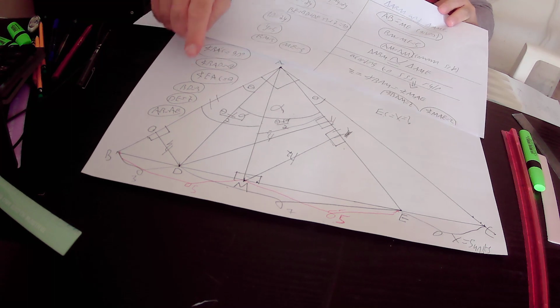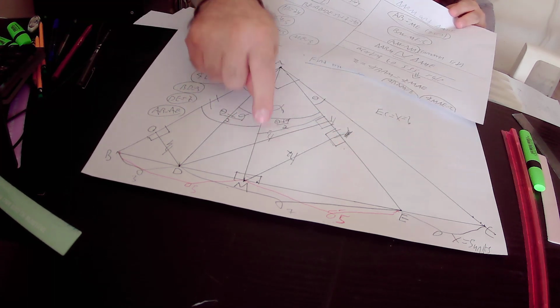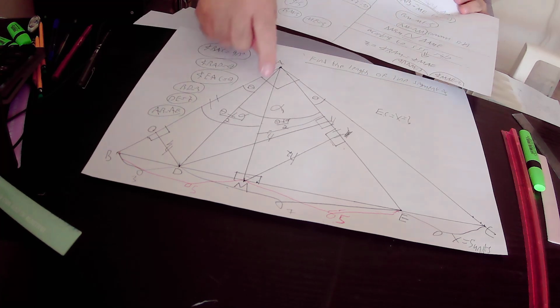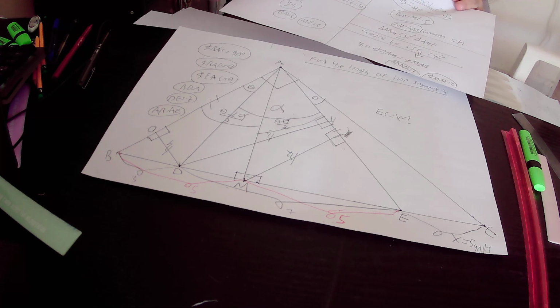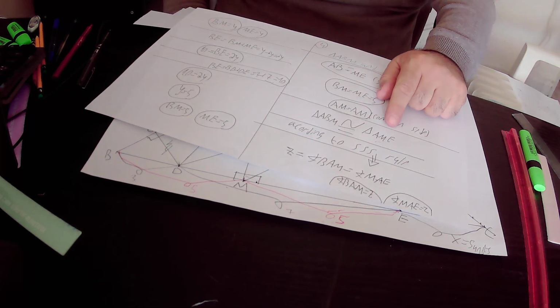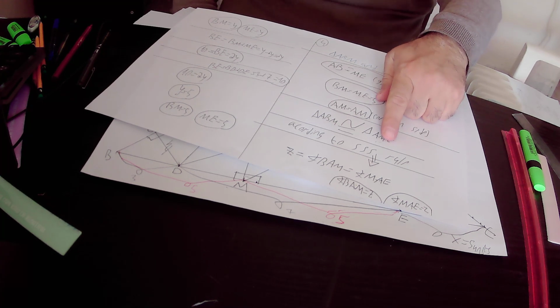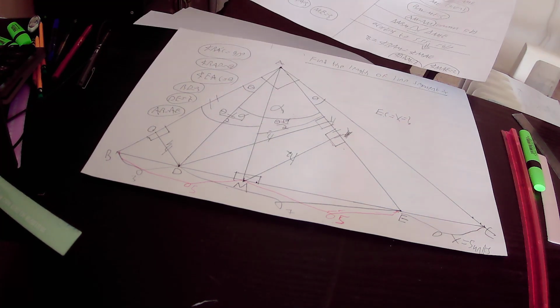And we just proved that BM equals ME equals 5 units, and AM equals itself. AM is a common side that belongs to both triangles. So we proved that triangle ABM is congruent to triangle AME according to the side rule.